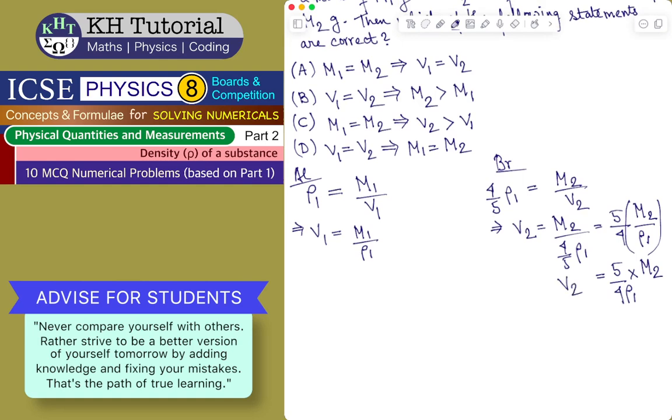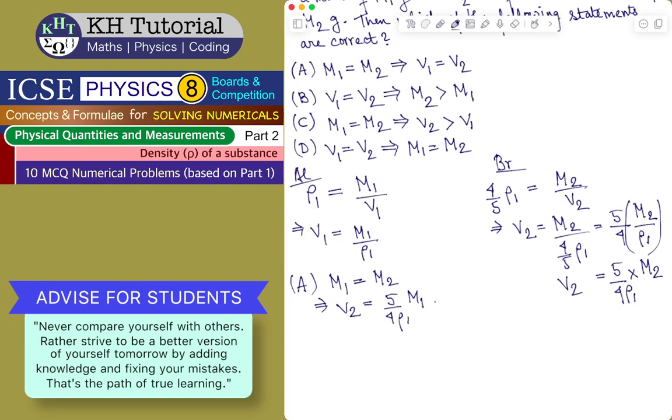Okay, now we have to check each option separately. Let's see if option A is correct or not. It is saying that if m1 is equal to m2. So let's verify all the options individually. Now m1 equals m2 will imply that V2 is equal to 5 by 4 rho 1 multiplied by m1.